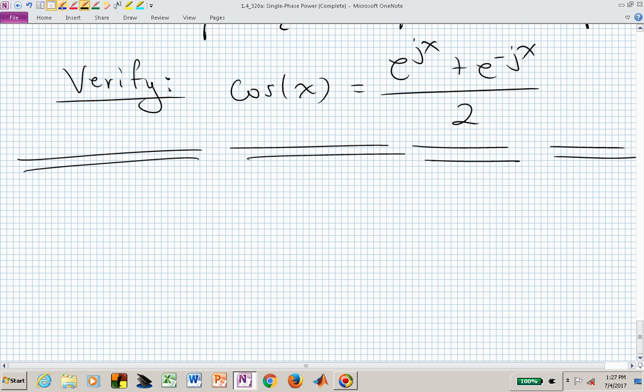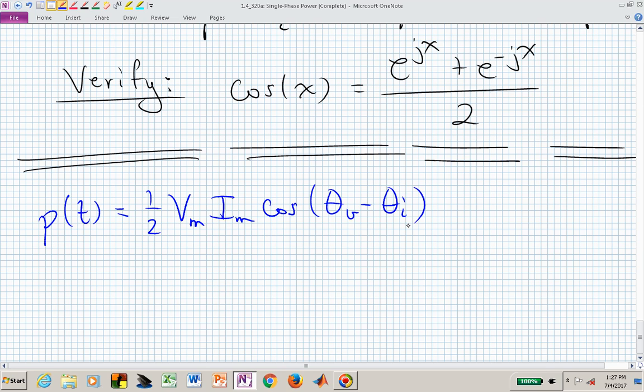The instantaneous power expression now becomes 1/2 V max I max cosine, and the omega t's cancel, leaving theta sub v minus theta sub I. That's the first piece.